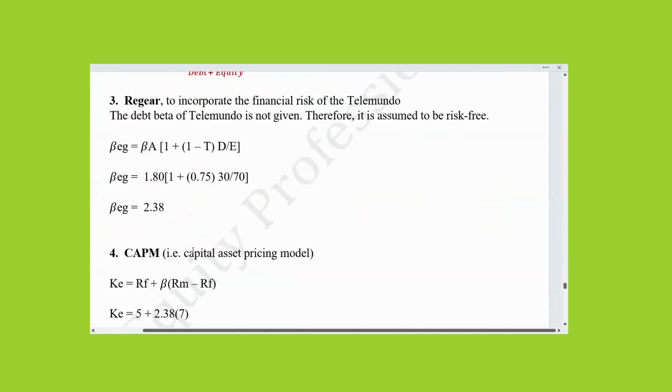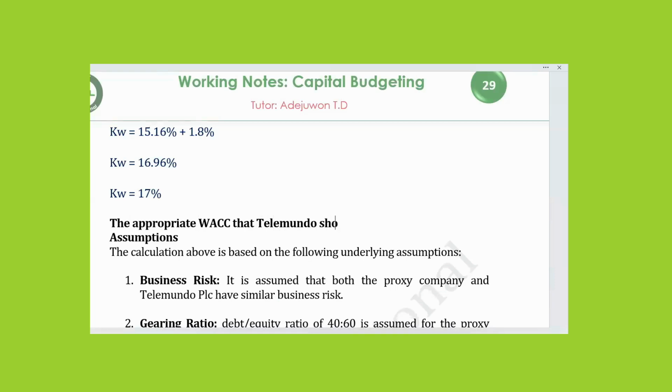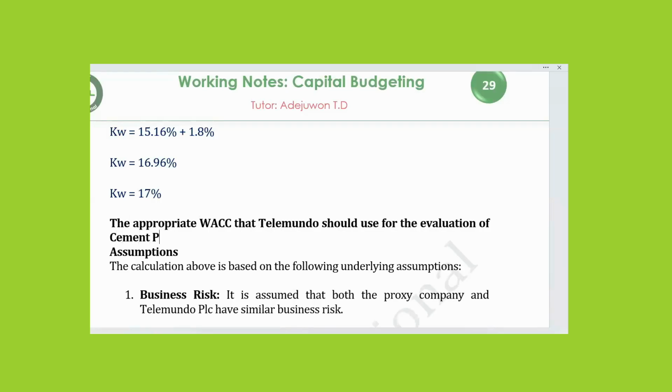So I will then come here. I will say the appropriate WACC that Telemundo should use for the evaluation or appraisal of cement projects is approximately 17%.